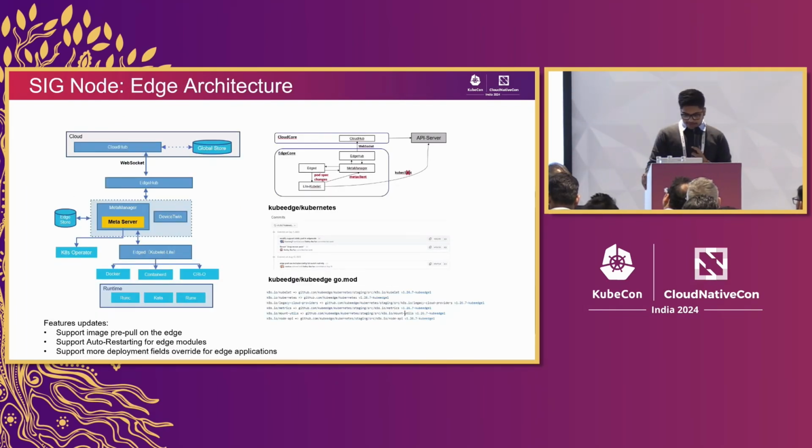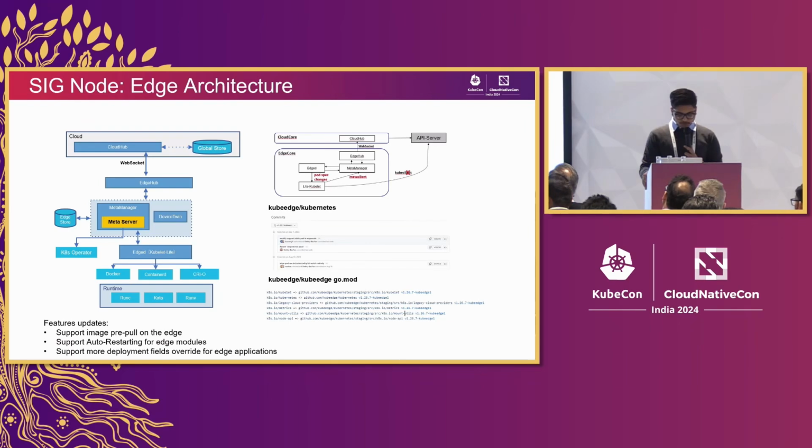Talking about the edge architecture, in the recent updates we have support for pre-pulling images on the edge. This reduces the container startup time, because images can be pulled in advance. And then there is support for auto rescaling these edge modules.